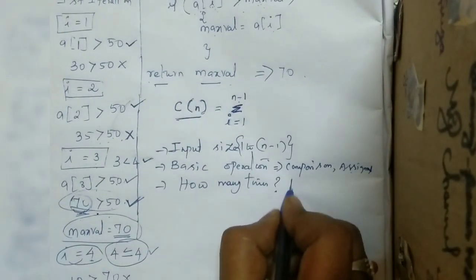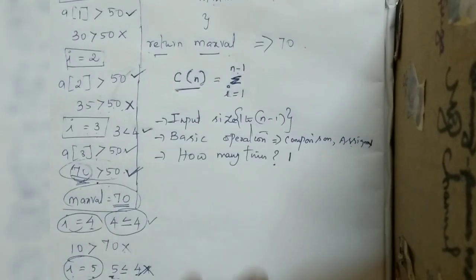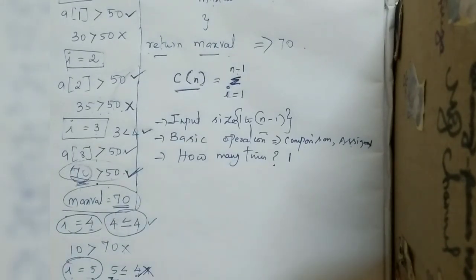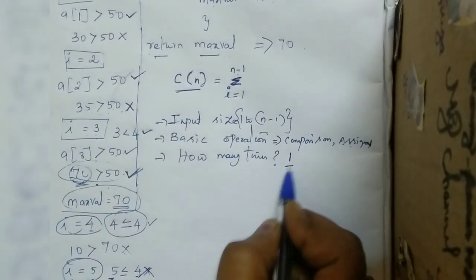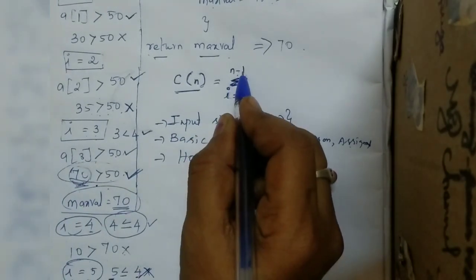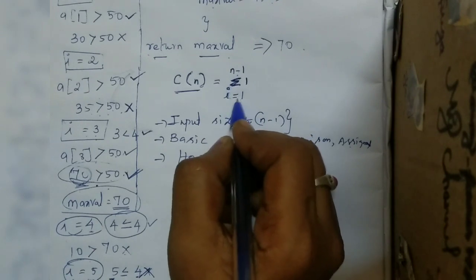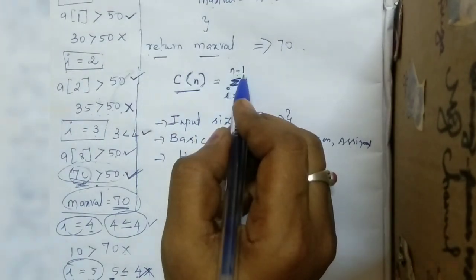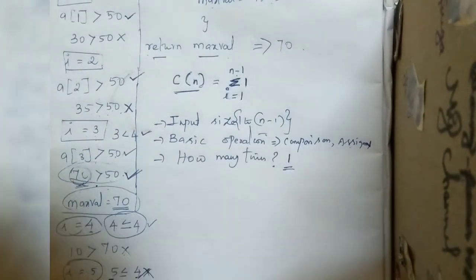So how many times is the comparison executed? One time in each iteration. So we write one here, summed from the lower limit 1 to n minus 1, each executing by one.